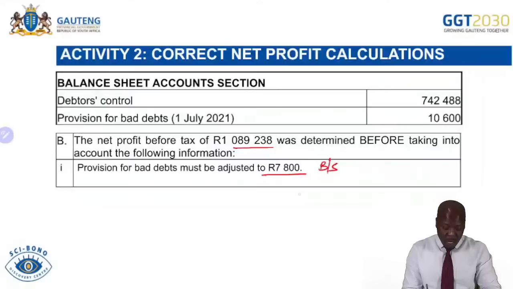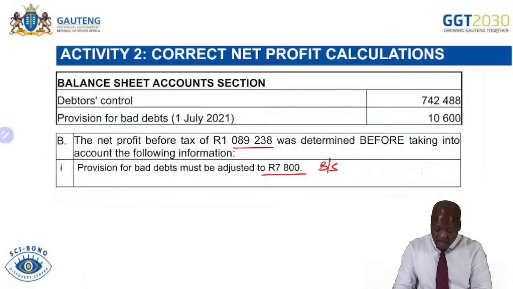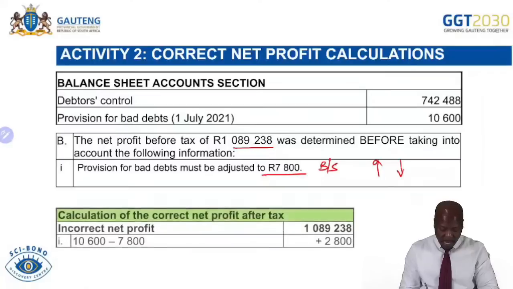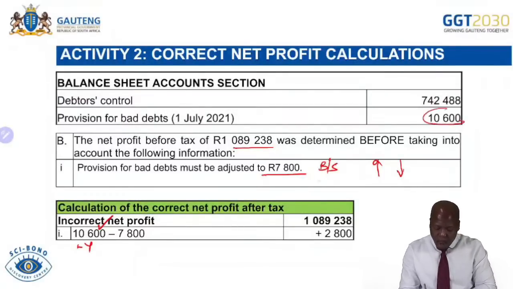But here we are doing the calculation of correct net profit. That means we are looking in the statement of comprehensive income. What do we want? We want either an increase or a decrease. All right? So we would then say, how much was it last year? Here is my last year, 10,600. How much is it this year? This year, it is 7,800.